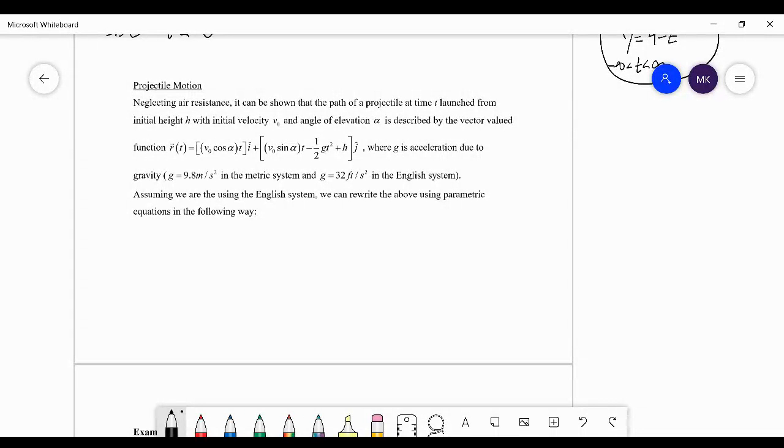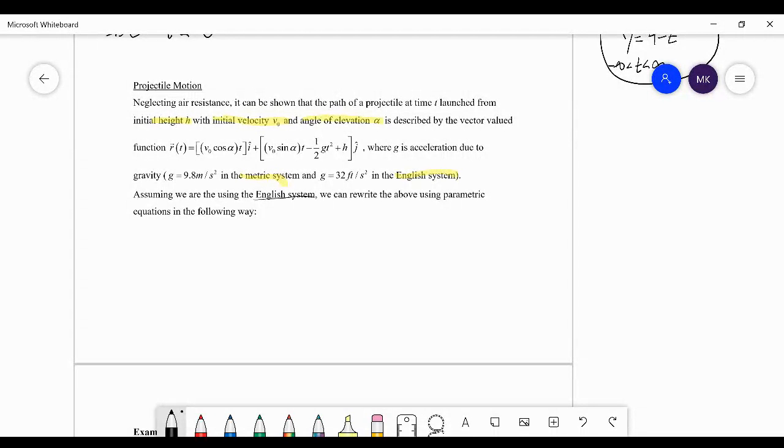So the problem statement has to give us the initial height, the initial velocity, angle of elevation, and then what system we're working in. Okay. Now we're going to assume English system because that's what we're going to write in most of the time.